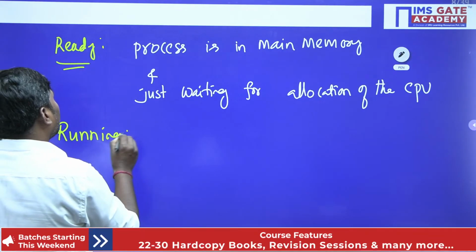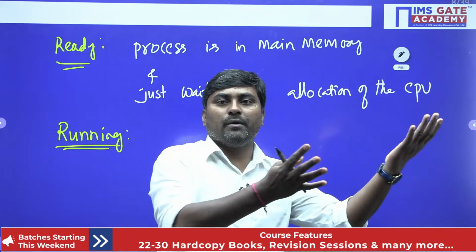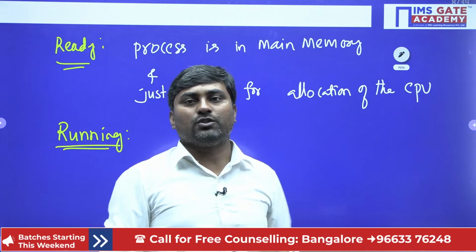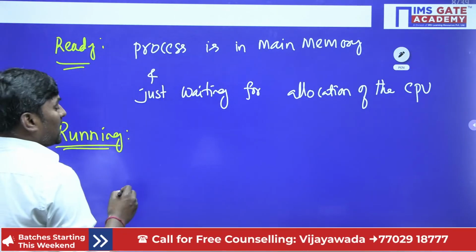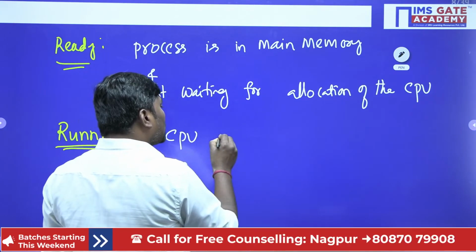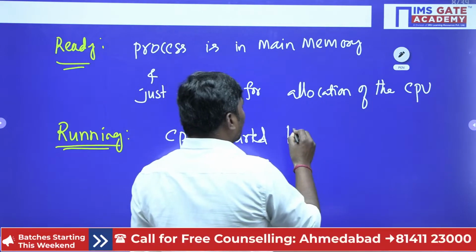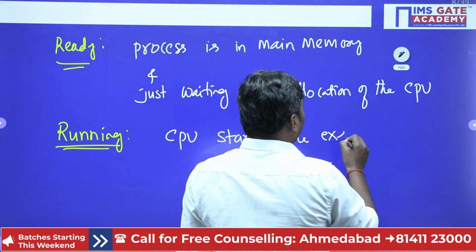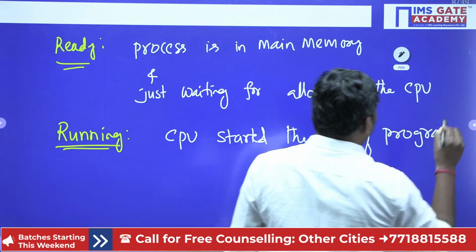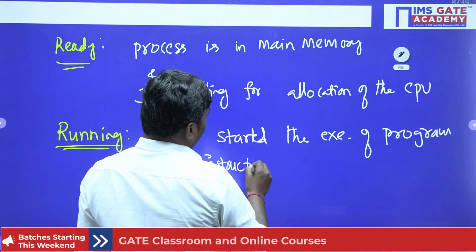So please understand the flow step by step also. First I created a process, then I load it into memory, and I am waiting for the CPU. Once the CPU is obtained, we can start execution. Running state means the CPU has started executing the program instructions one by one.